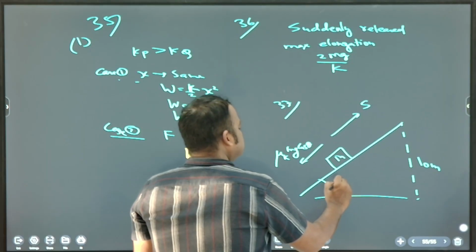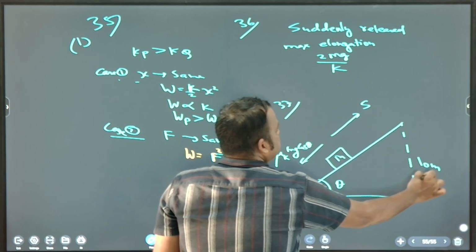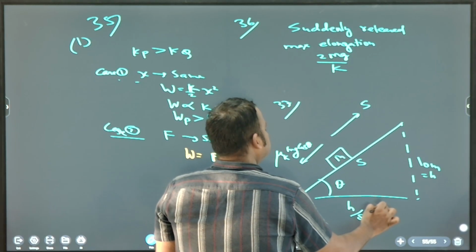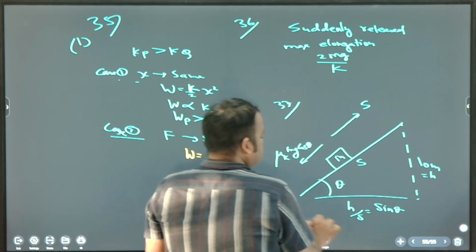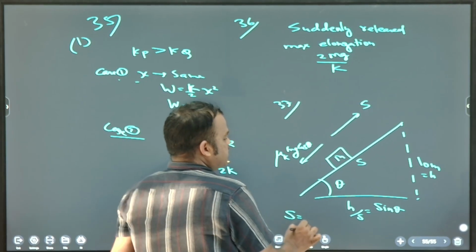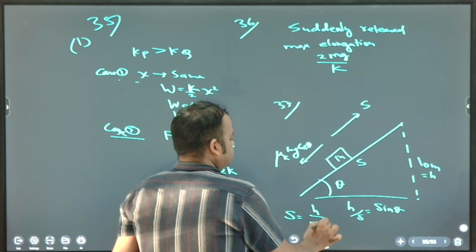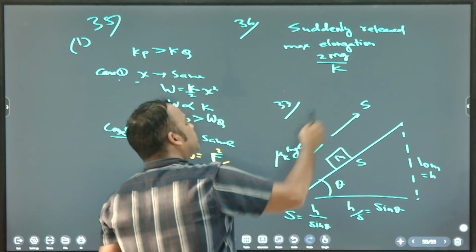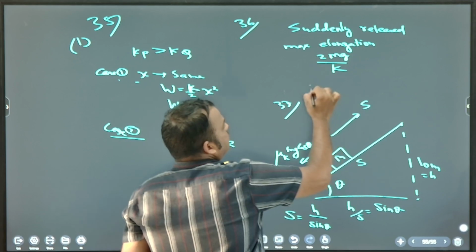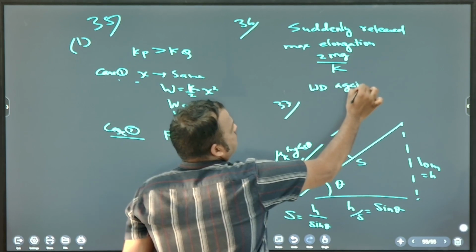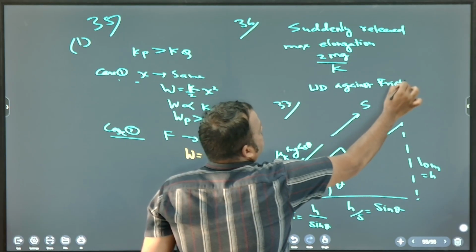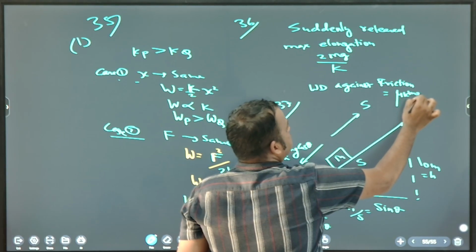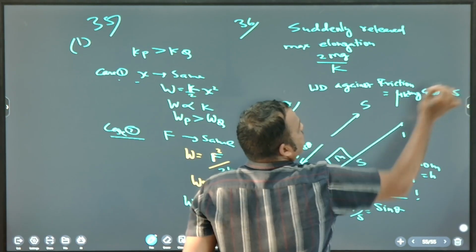This is theta, so this is h. What is s? H by s is equal to sin theta. So s is equal to h by sin theta. Okay, so what is the work done against friction? You are moving it like this. So work done against friction will be mu k mg cos theta into s.